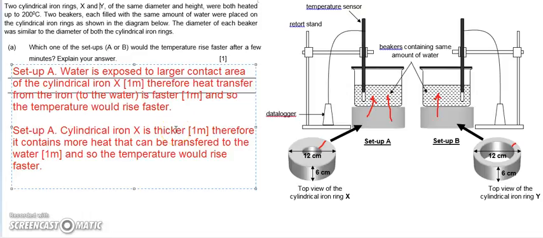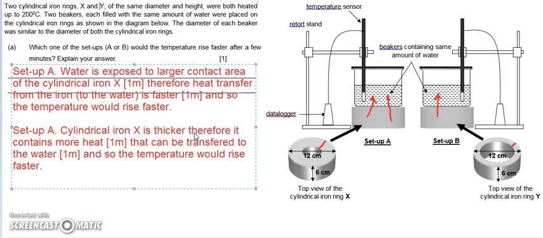Okay, it's thicker, therefore it contains more heat. The marks will go from here, more heat. It contains more heat so that it can be transferred to the water, and so the temperature would rise faster. So these are the two answers that are possible.